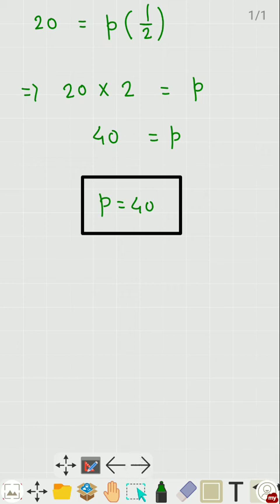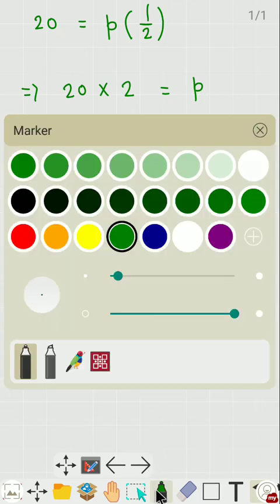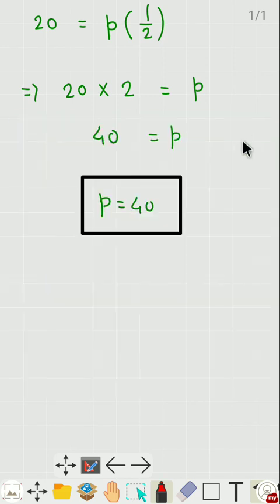There are many questions given, and I would like to give one homework to you, based on price elasticity of demand. Let us write the question.